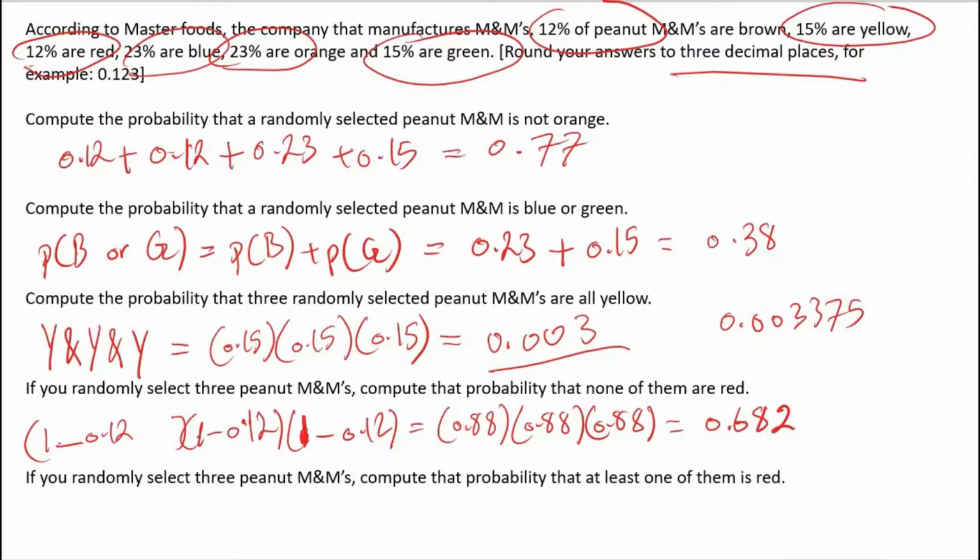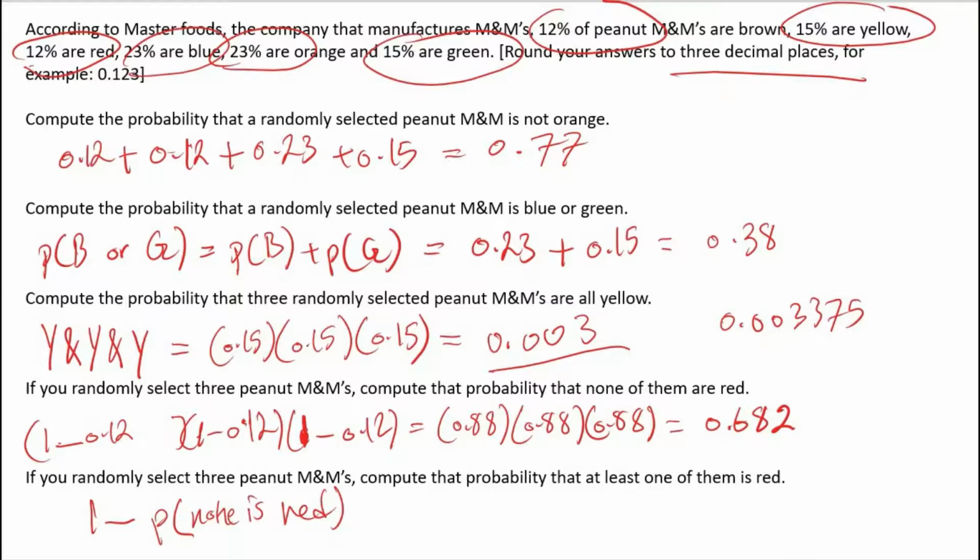If you randomly select 3 peanut M&Ms, we want to compute the probability that at least one of them is red. If you notice, none of them is red is the opposite of at least one of them is red. So we could say the probability that at least one of them is red is 1 minus the probability that none of them is red, which is the complement of the event.